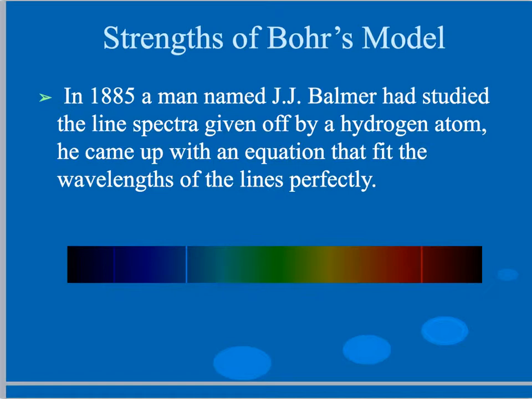If you remember from your previous science, the wavelength of light corresponds to the energy of light. The lower the wavelength, the higher the energy. And the longer the wavelength, the less energy. So this would be the low energy side. This would be the high energy side. So Balmer came up with this equation that fit the wavelengths of the lines.